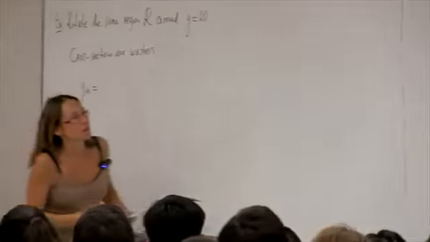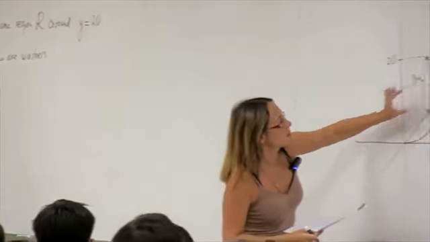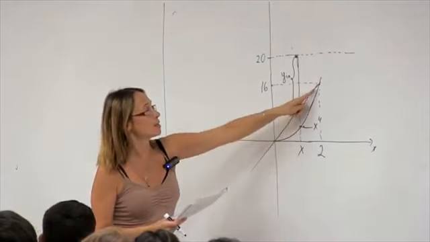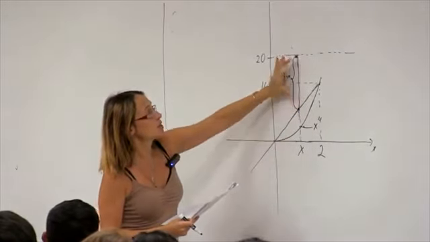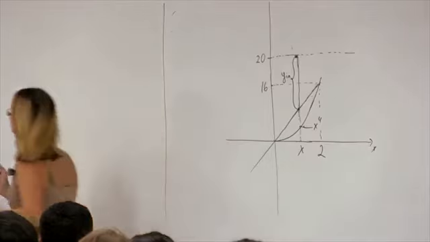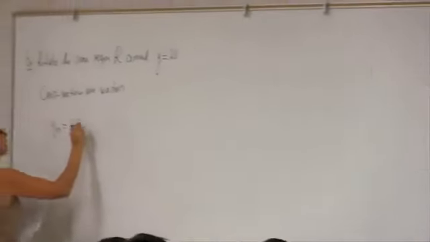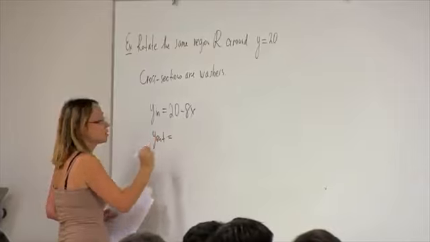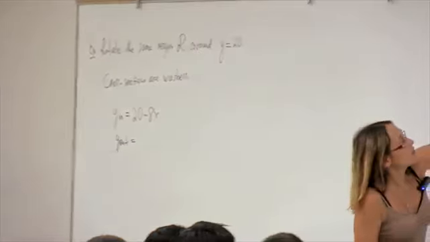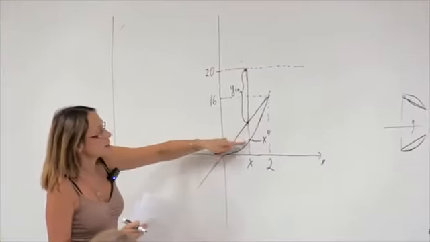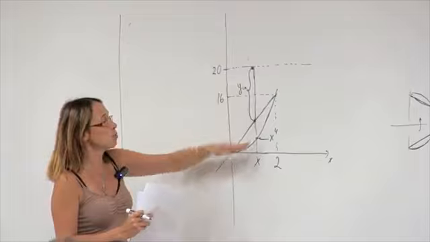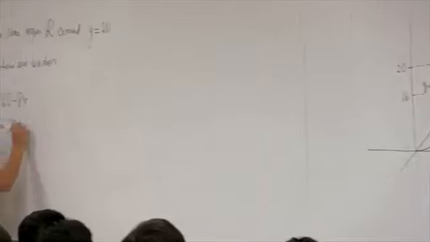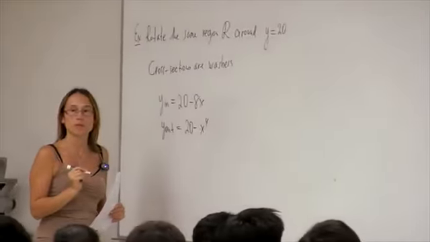How do I obtain this distance? This is 8x. Right? So corresponding to x, the top function is 8x. So this is 20 minus 8x. Okay? And the outer radius is given by the distance from the center all the way down to this function. So it's 20 minus x to the fourth.